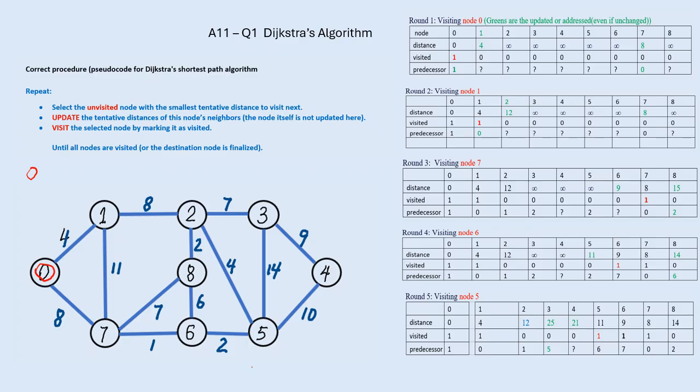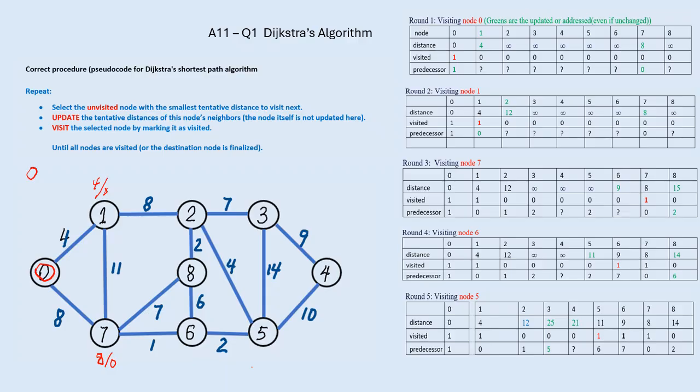Now update its neighbors. So this one has 4, from 0. And then the other neighbor, 7, obviously has distance of 8 from 0. So the action of the visit is done.